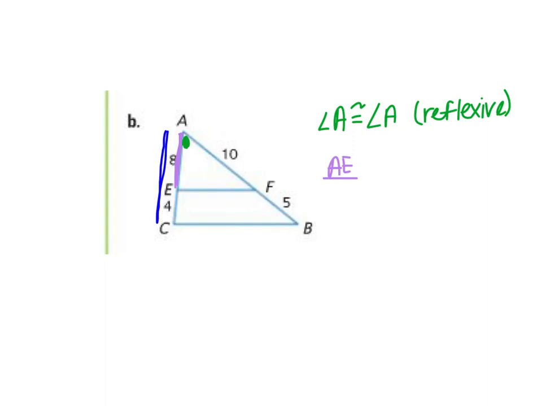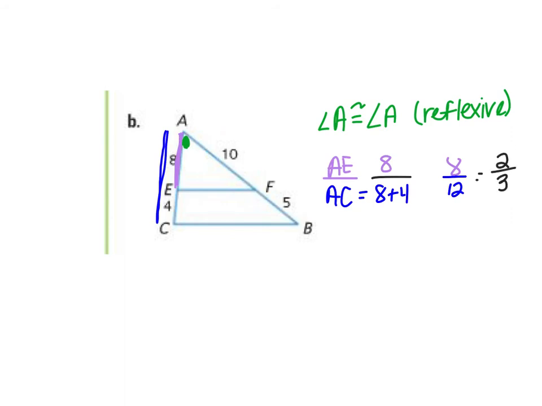So AC will be 8 plus 4, all right, and AE was 8. So here we have 8 over 12, okay, which would give us a proportion of 2/3.